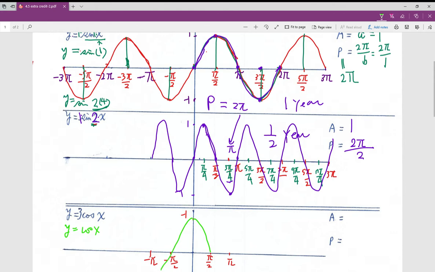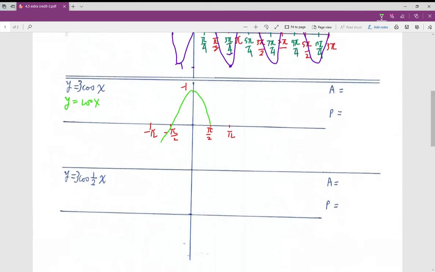And keep going, and we go down. Okay, keep going. Looks like that. There's one period, pi to negative pi, total 2 pi. So the period is supposed to be 2 pi.